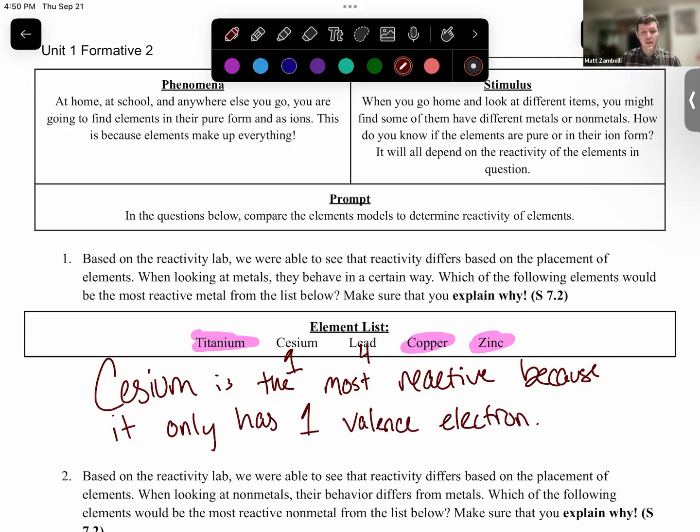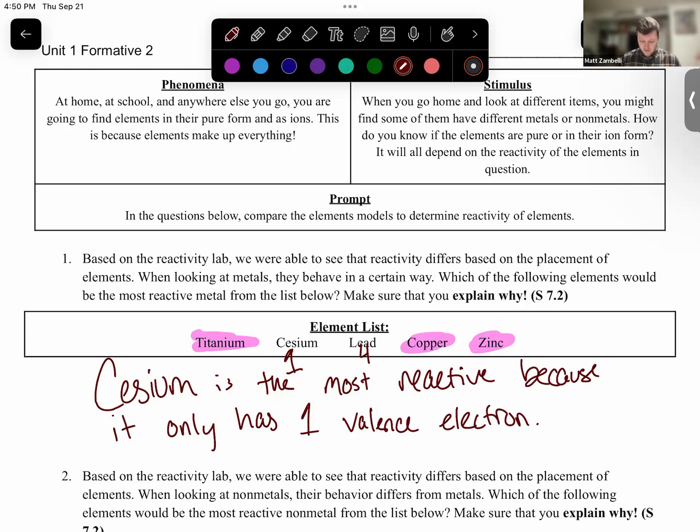It also has somewhat to do with size because cesium is also one of the largest on there. It's not the only one that's large because we also have lead there, but cesium is one of the largest. But more importantly, cesium has 1 valence electron. That's going to make it the most reactive out of this group.